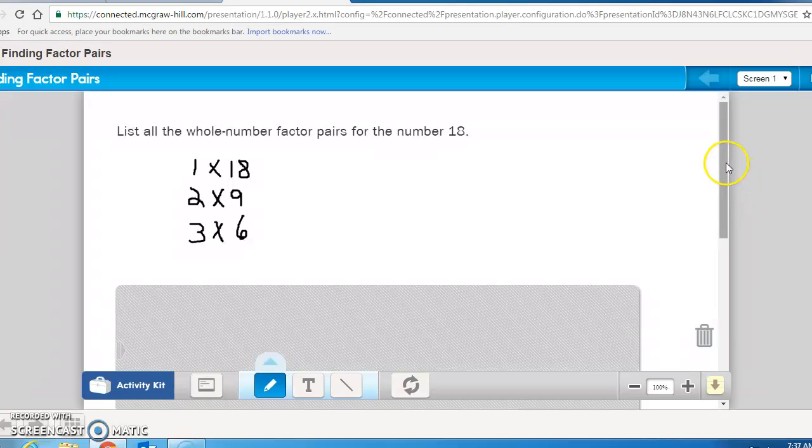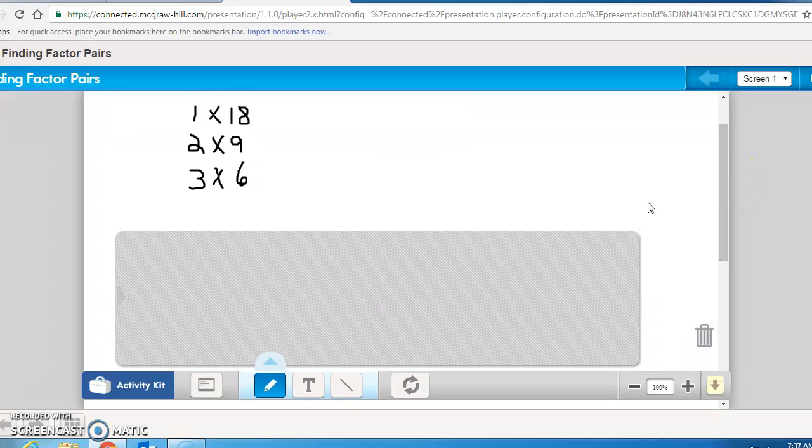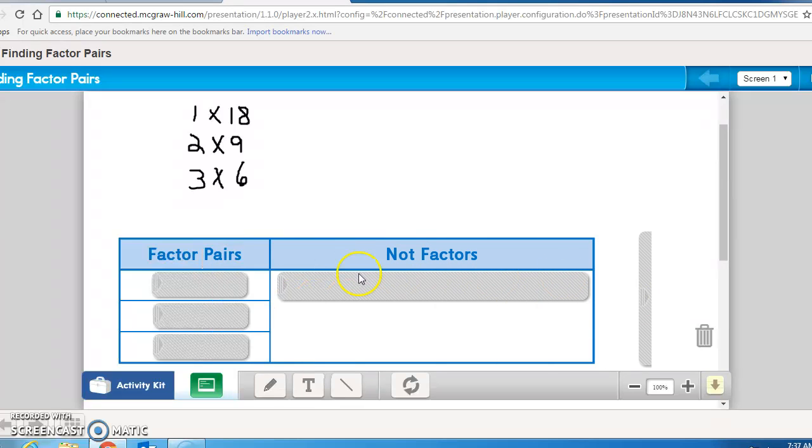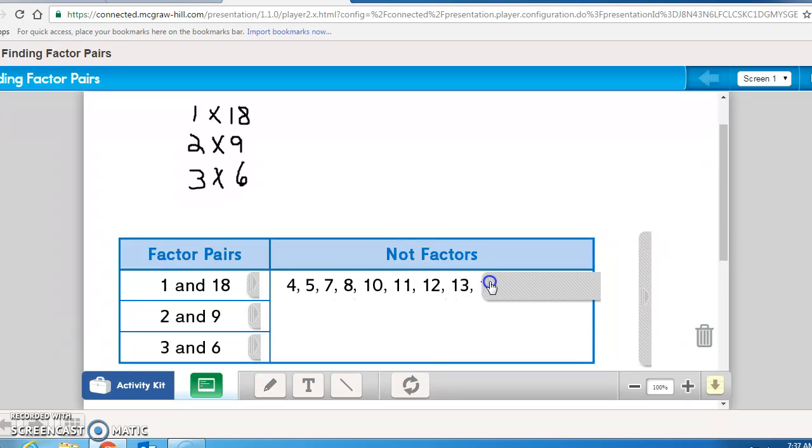So these are all my factor pairs for 18: 1 and 18, 2 and 9, 3 and 6. Not factors are 4, 5, 7, 8, 9, and all the way up until after 17, is our beginning number 18.